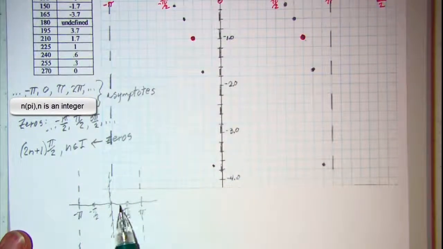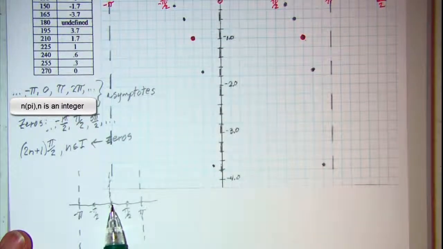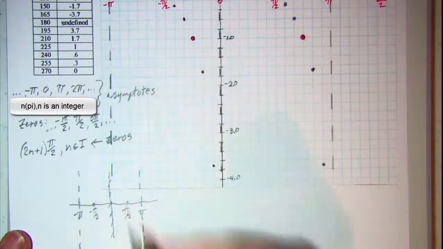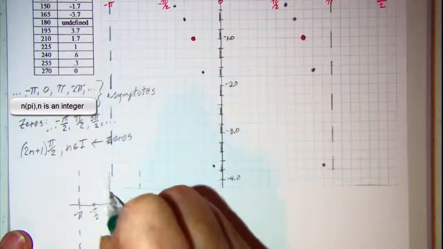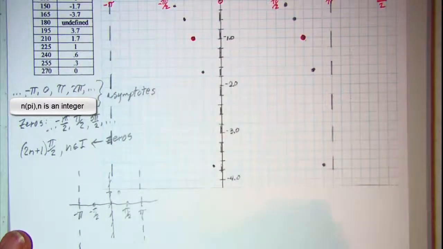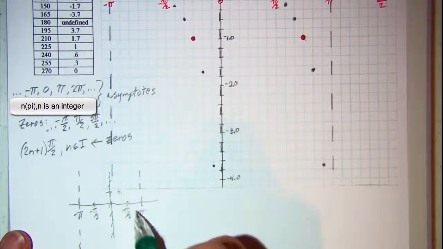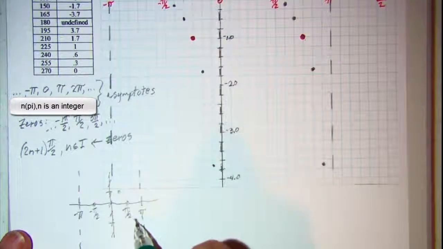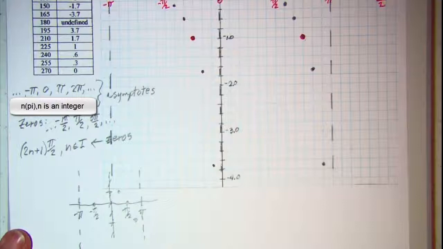And then to help with the accuracy, remember that from 0 to pi over 2, that represents my first quadrant. And all of my trig functions are positive in the first quadrant. So at 45 degrees, I have a cotangent that's equal to 1. So plot the 1 there, and then in the next quadrant, I have a cotangent which is negative 1.